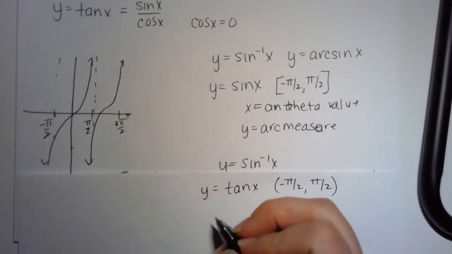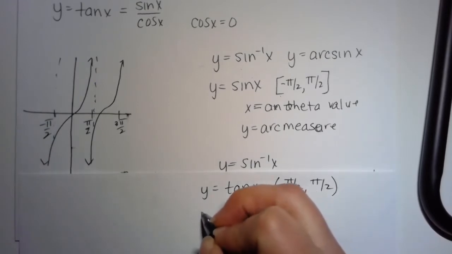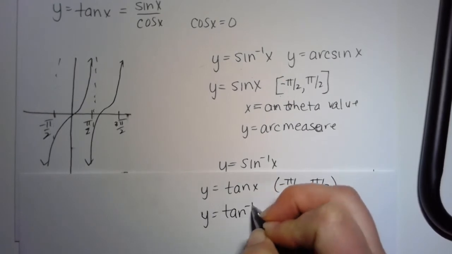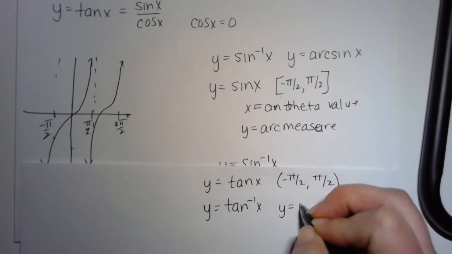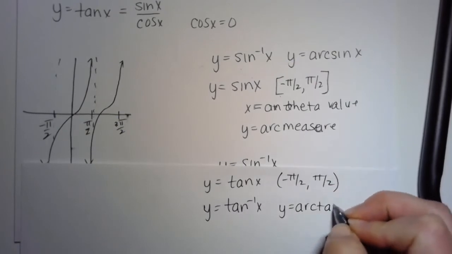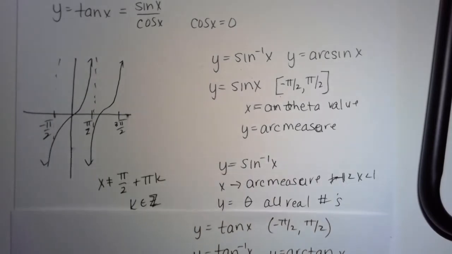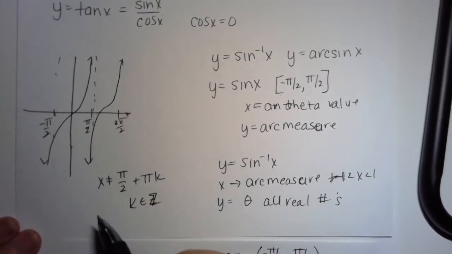Okay, so the inverse is y equals, and it's got the same symbol, inverse tangent, or we can say y equals arctan of x. That's the way we write its inverses. Oh, I didn't actually talk about the range, so let's talk about the range of tangent here for just a second.